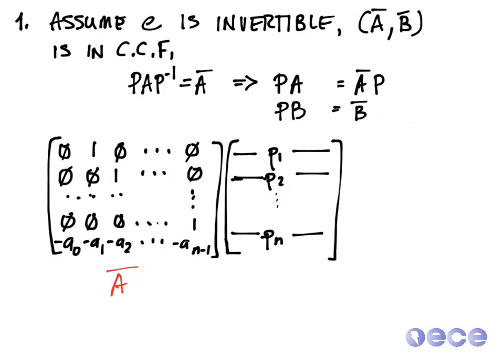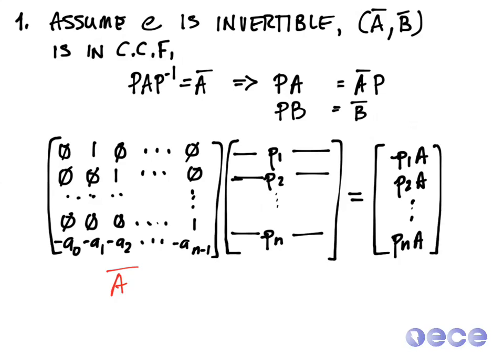So A bar times P is equal to P times A. P times A is just the product of P1 times A, P2 times A, all the way down to Pn times A. So we have A bar, and then we have P, and then this is the product of P times A here, which we've chosen to write this way.